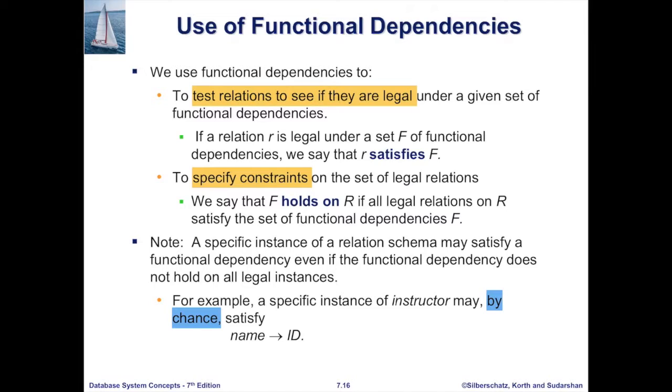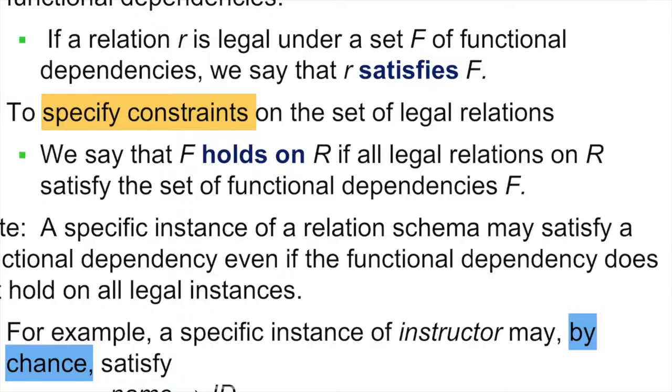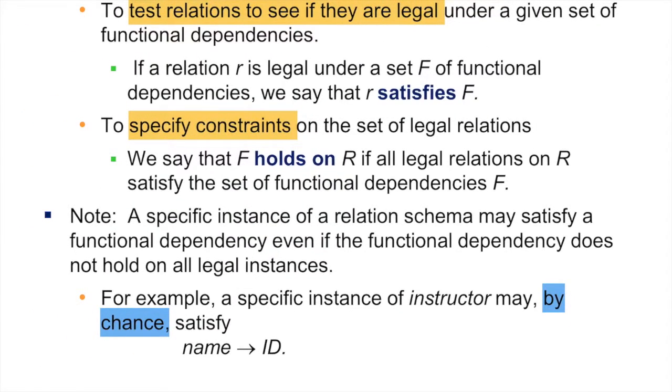And then we can use the idea of functional dependencies to identify whether our design or the schema follows yung functional dependency. So, another way of saying this is a particular relation R satisfies F, or the set of functional dependencies F. And the second purpose is to specify constraints. So, we use functional dependencies to specify constraints on the set of legal relations. And yung way to say it is F holds on R.